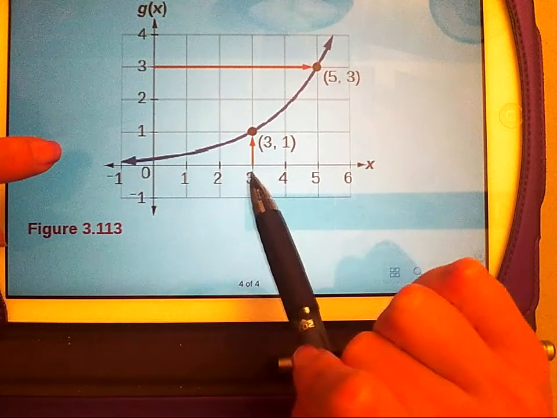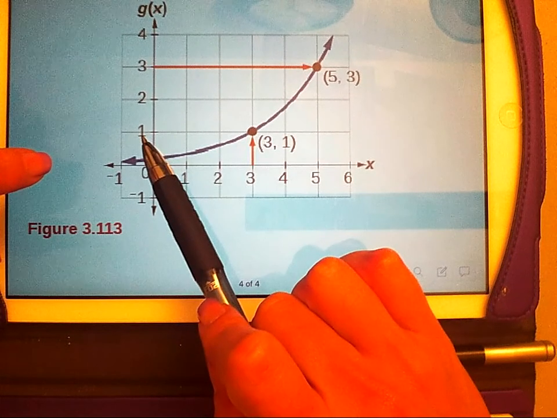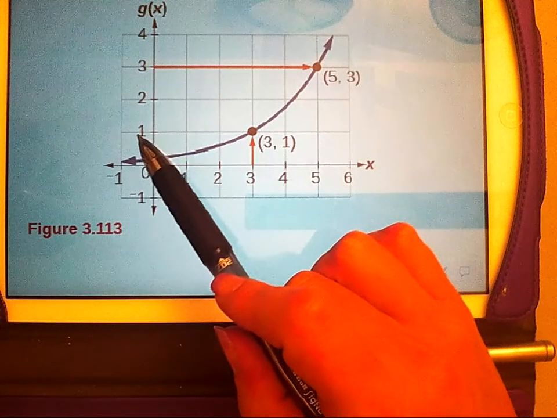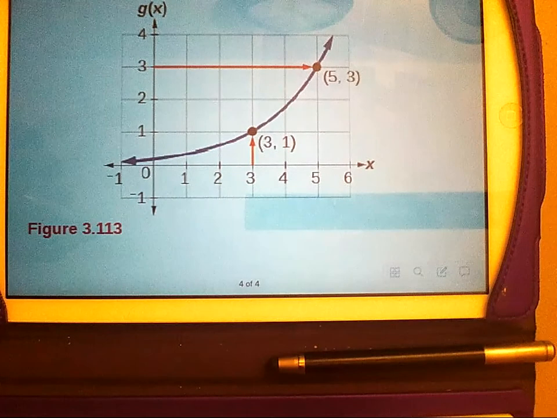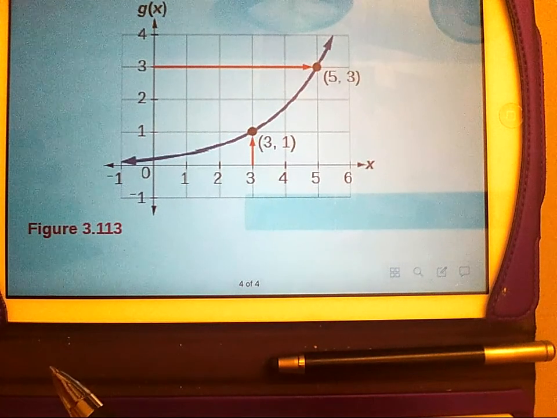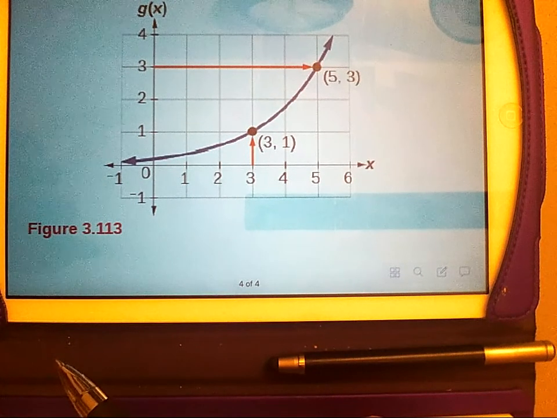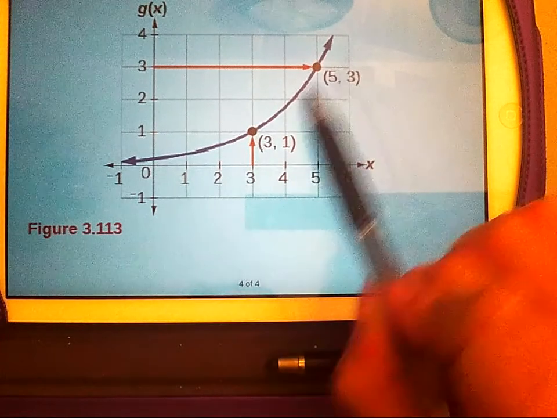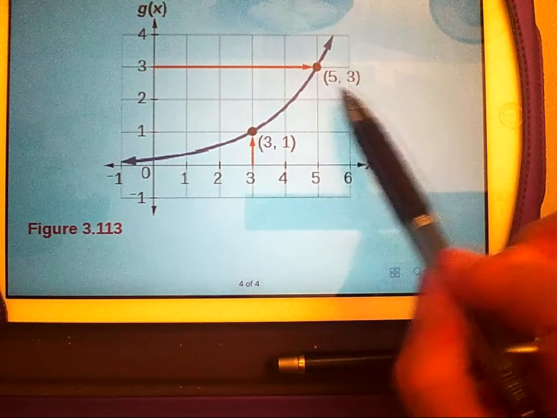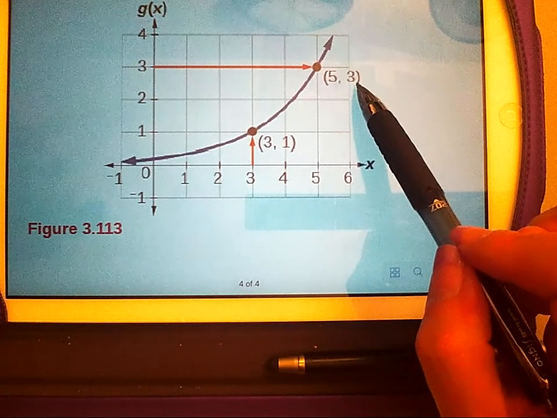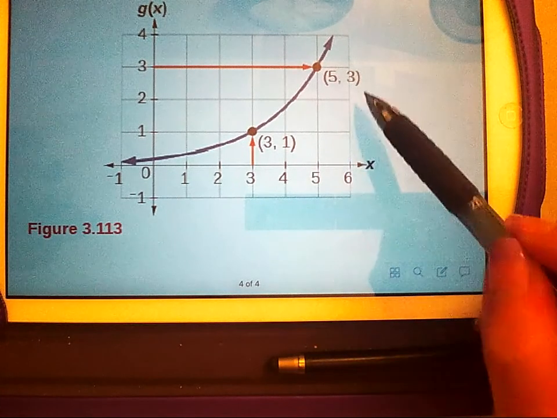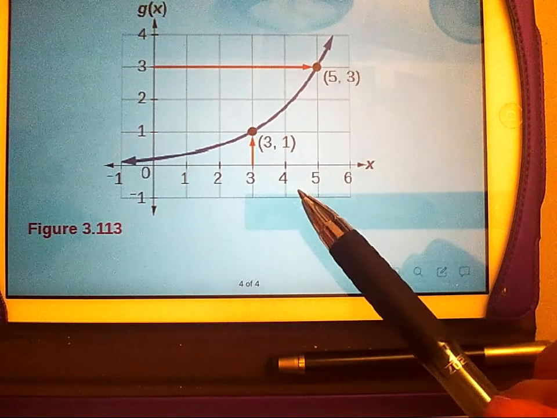Well, g of 3 is equal to 1. So that would mean g inverse of 1 must equal 3. Now what if we asked, what about g inverse of 3? Well, that's a little different question because we're not given g inverse here. What we're given is g. But remember, in g inverse we would flip-flop the points. So on g inverse we would have the point 3, 5. So if we were looking for g inverse of 3, what would have to come out is 5.